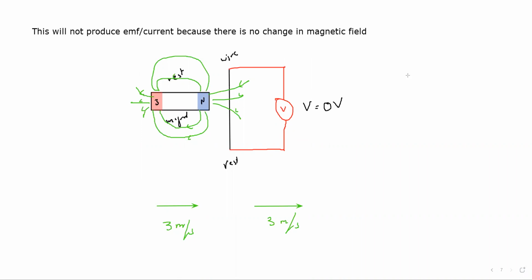Same thing, if I take a magnet, north and south, and I wrap the wire around it, and connect it with the voltmeter.